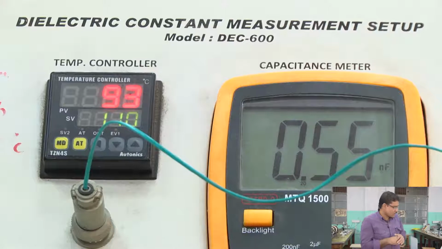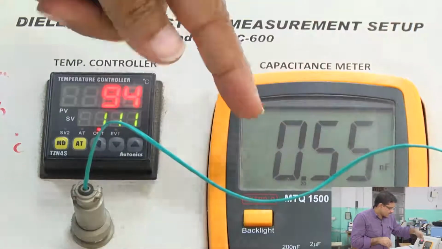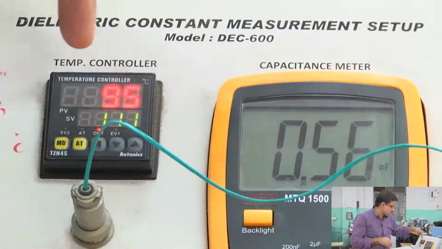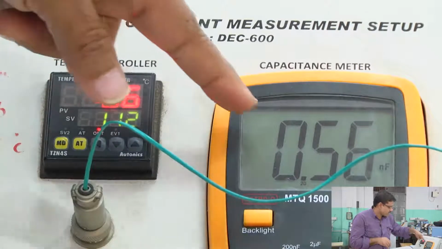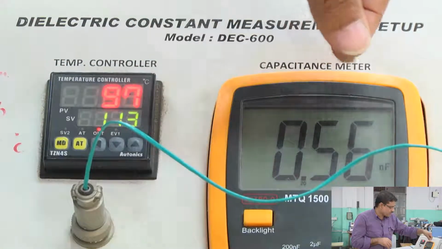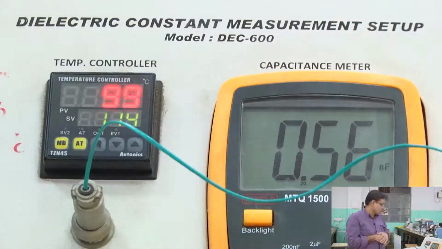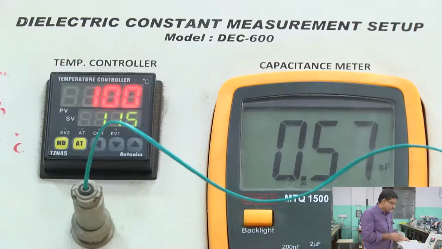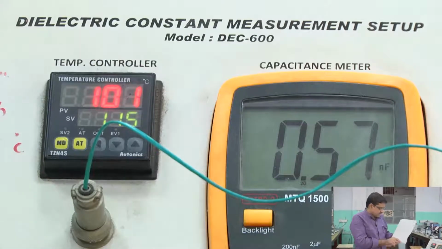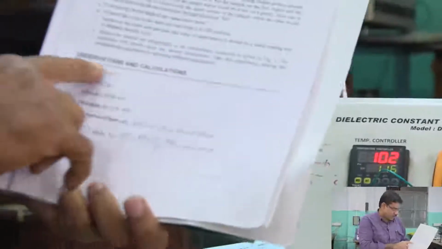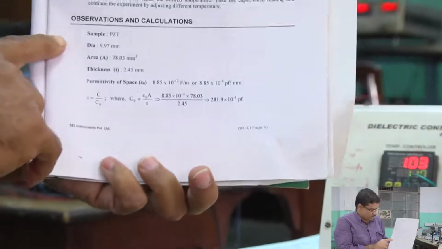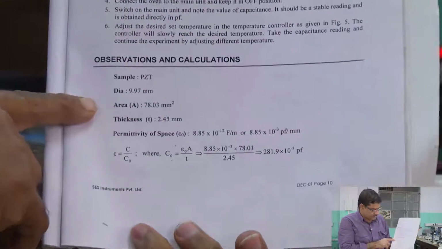For that we are getting, you see, with temperature it is 95, now it is 0.56. This way the reading will change and we have to note it down. As I told, we have to know the dimension of this material.